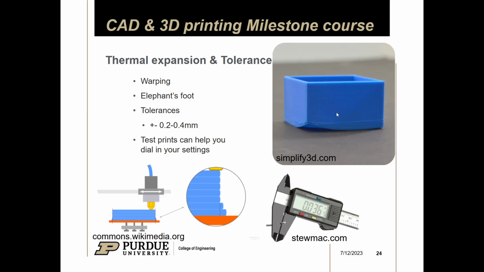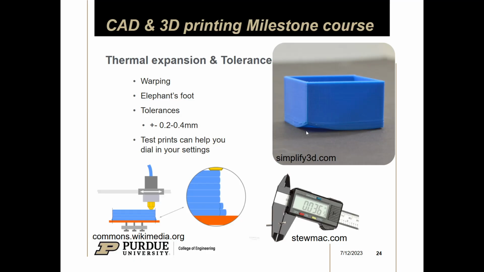Obviously, warping might be an issue. This is typically more on the design or on the printing side, but you can do certain things to your model to prevent warping. Different materials tend to warp more or less than others. It's becoming less and less of an issue as printers get better.